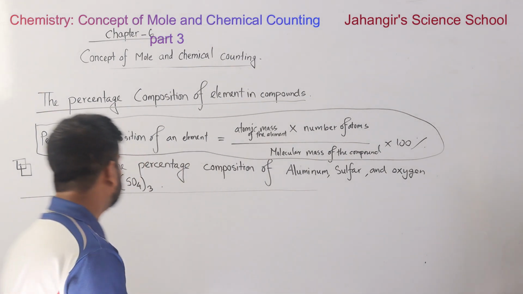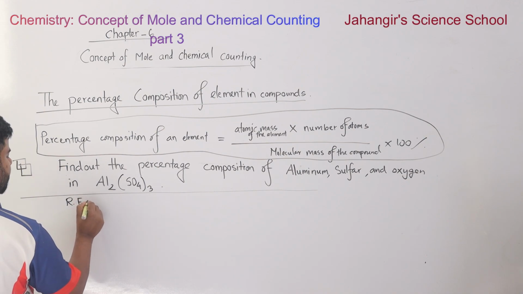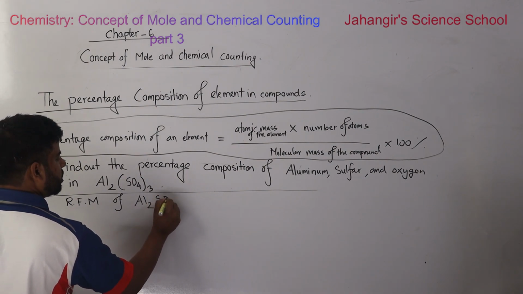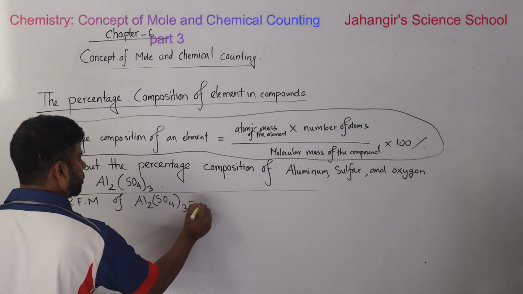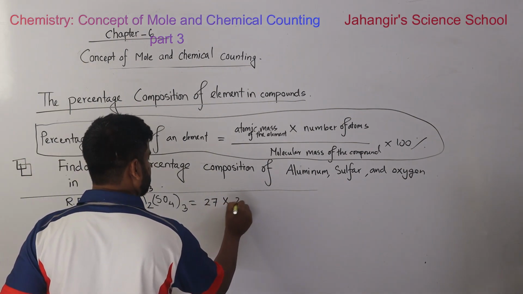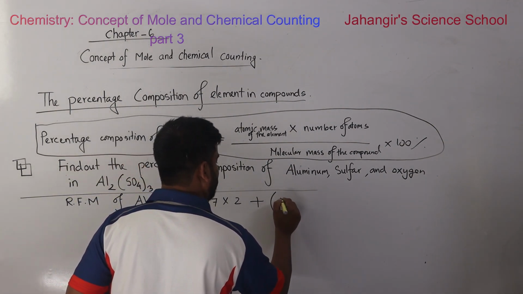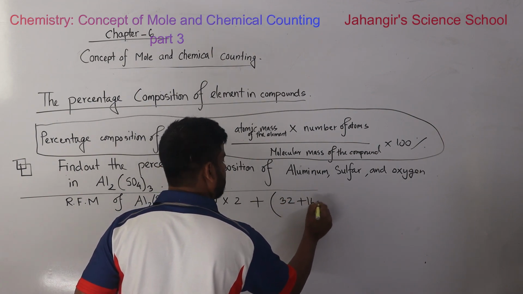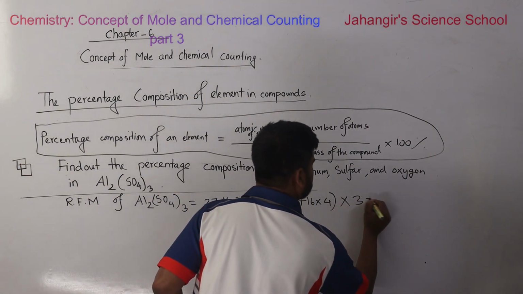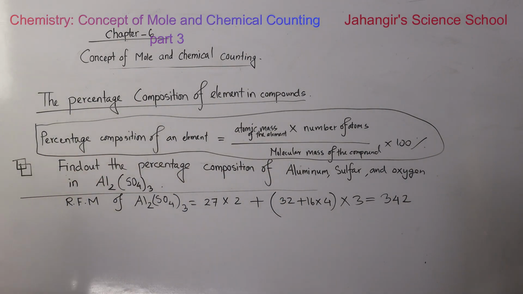First we have to find the relative formula mass of aluminium sulfate, Al2(SO4)3. Aluminium atomic mass is 27 times 2, plus sulfur 32, oxygen 16 times 4, all times 3. After calculation, 342 is the relative formula mass.